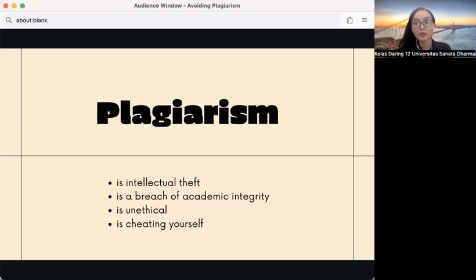First, it is unethical because you take the ideas and words of others, or sentences or paragraphs from AI, and pretend that they are your own. It means that you are stealing someone else's intellectual property. It means that you become dishonest to yourself.